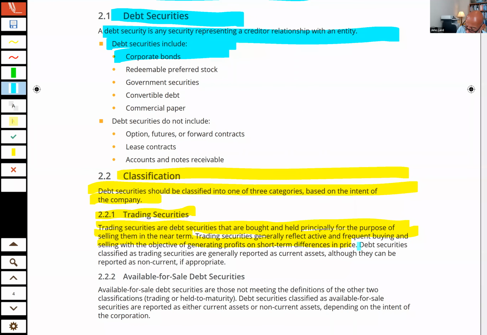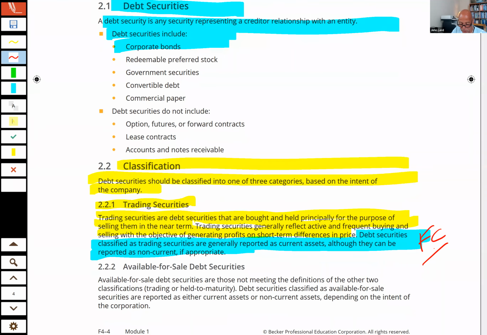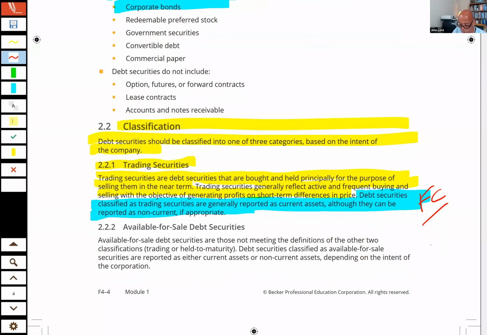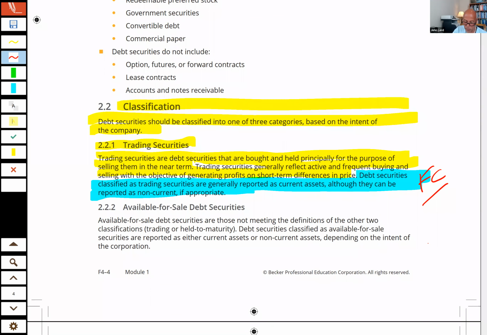Let's go ahead and highlight in a different color flashcard. Debt securities classified as trading securities are generally reported as current assets, although they can be recorded as non-current if appropriate. Lacking any other effective information that would tell us to treat it as non-current, we should treat that as a current asset when we make that investment in a trading security.